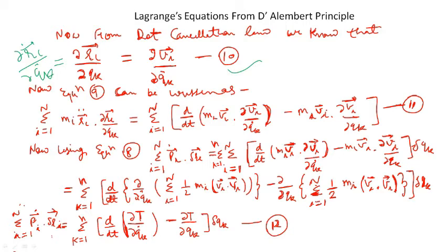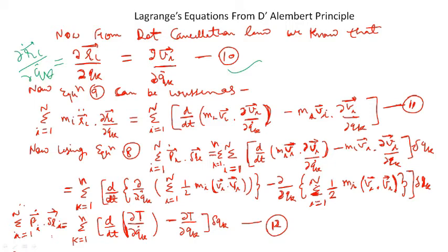So if we use equation 8, then we can write sigma i from 1 to capital N, ṗi dot δri, and it becomes sigma k from 1 to small n, sigma i from 1 to capital N, d/dt of mi vi dot ∂vi/∂qk dot, minus mi vi into ∂vi/∂qk, into δqk.